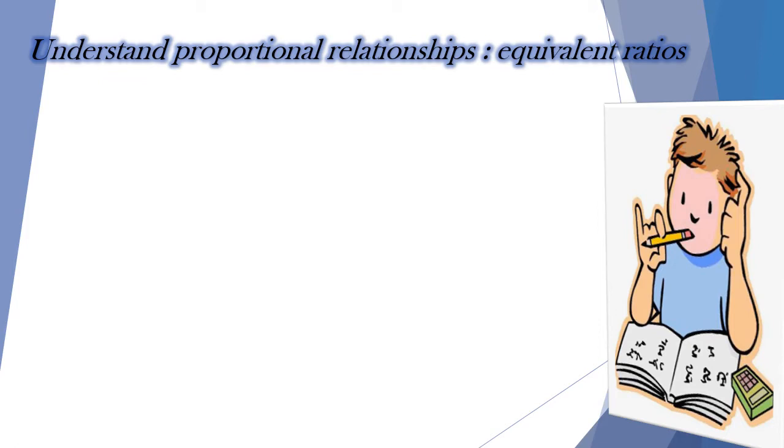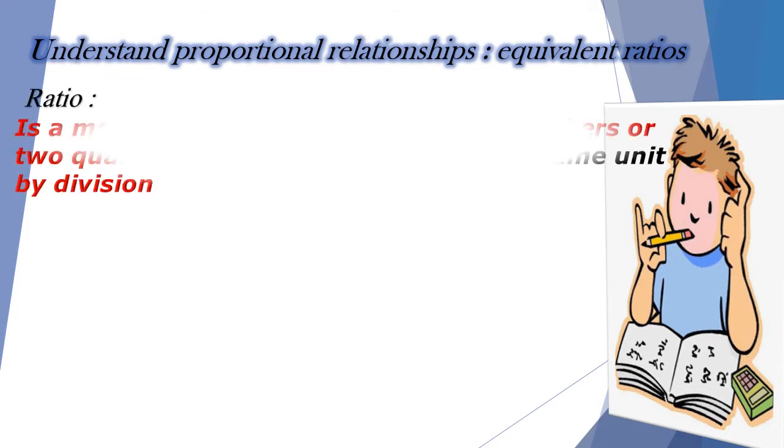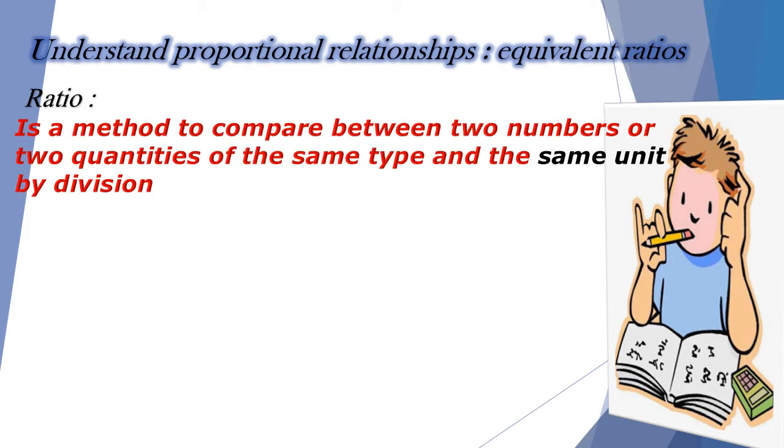Let's remember what we studied last year about the ratios. Ratio is a method to compare between two numbers or two quantities of the same type and the same unit by division.